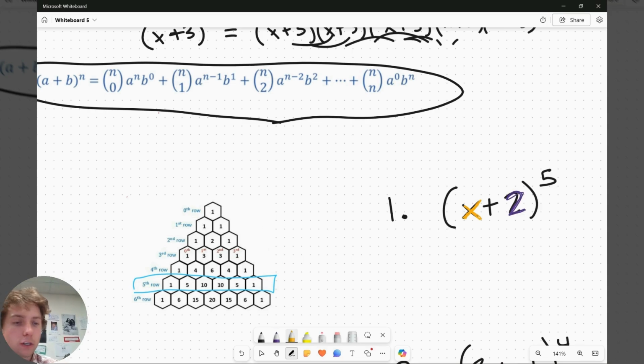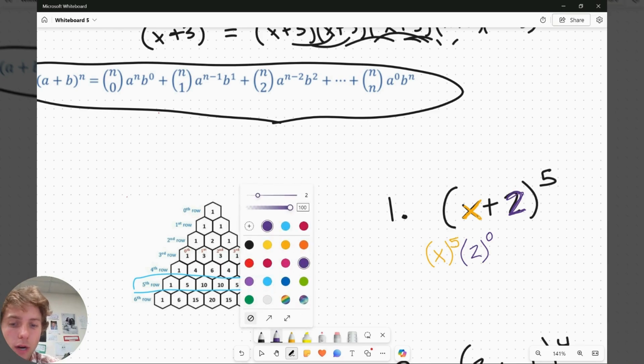Whatever your first term is, whenever you're creating this expansion, you always start with that first term and you give it the degree of the polynomial, x to the 5th. Whatever the second term is, the degree on that one starts at 0. Okay, but we still need to use Pascal's triangle.